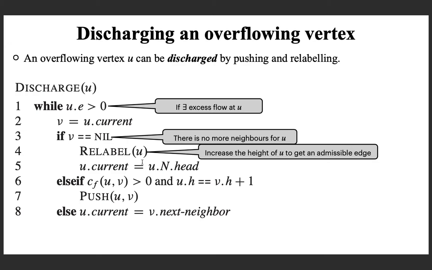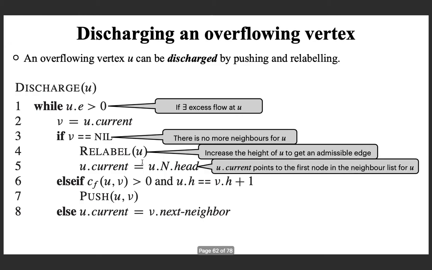Then from the same lemma 2, we know that after the relabel operation, at least one edge must be admissible. So whenever you perform relabel, the current will be modified as the head of the neighbor list of u.